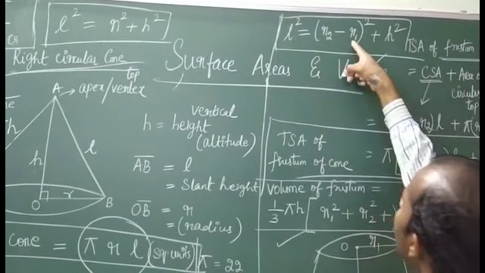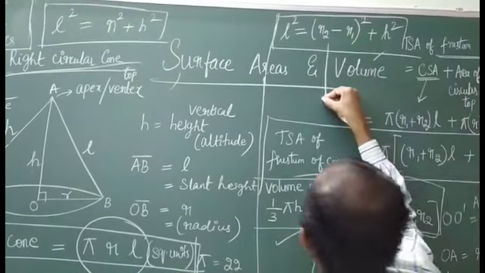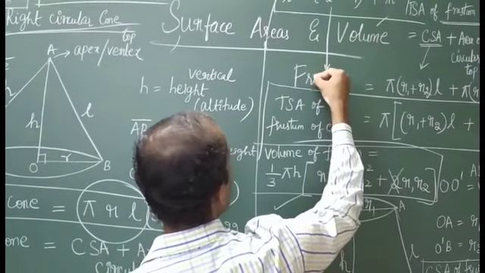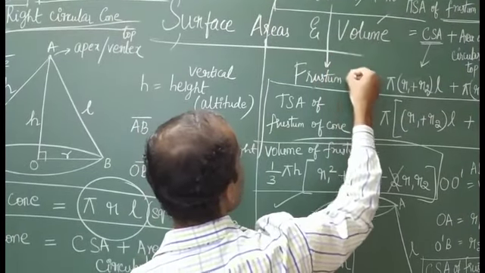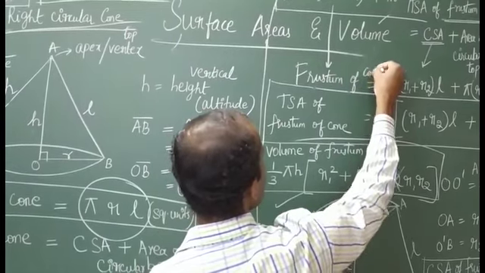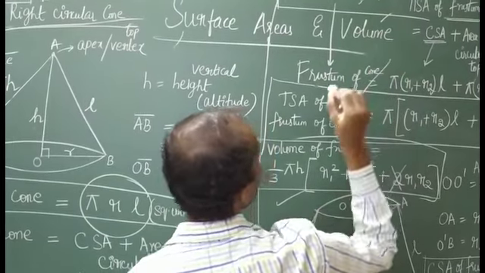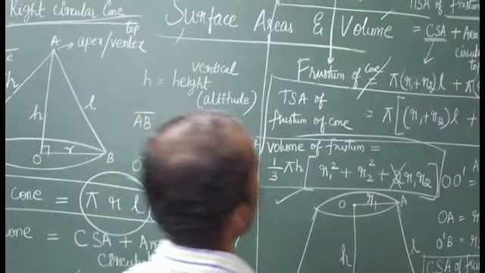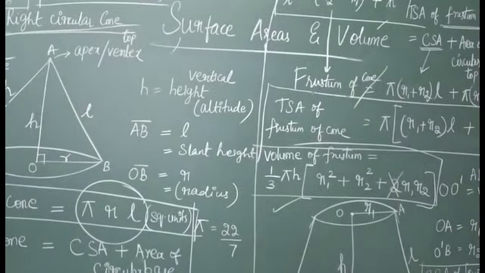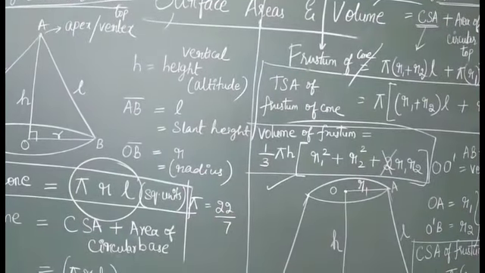Whenever we have R1 and R2, this refers to the frustum of the cone. Followed it? With this part, I think we can start with the exercise questions under the frustum of the cone for today's class.